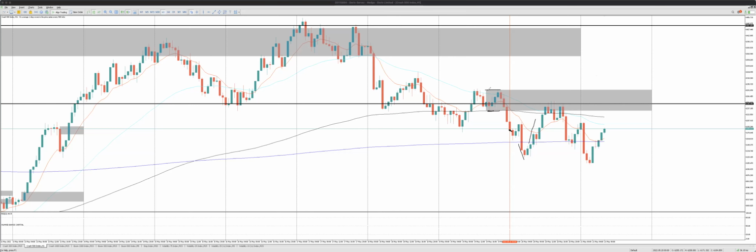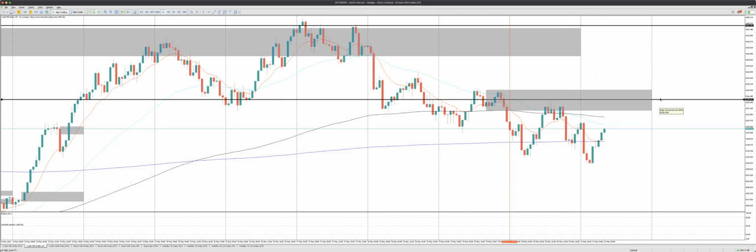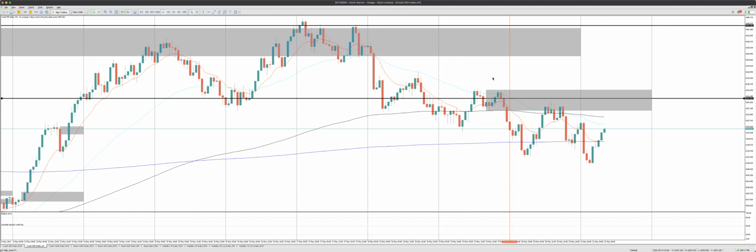And in this higher time frame order block, you can see we also have an order block here. So what I will do is I'll just move this horizontal line right to right there. Okay.